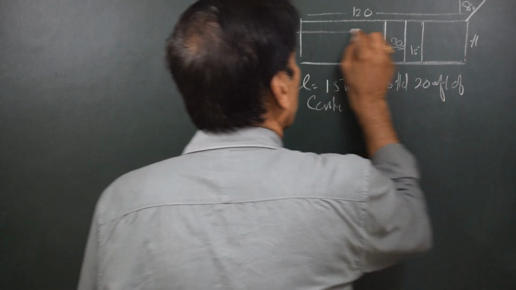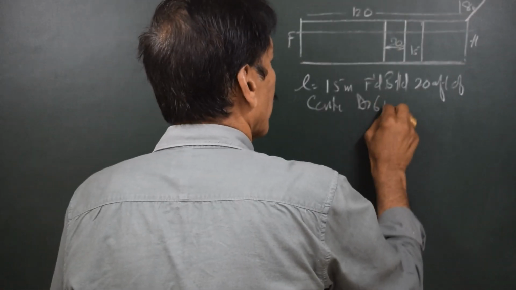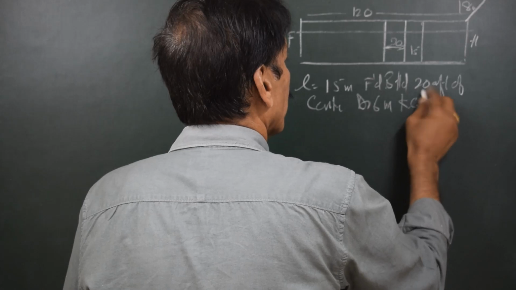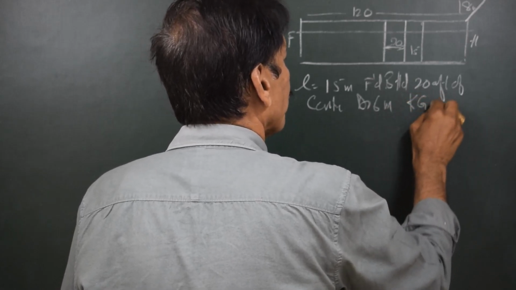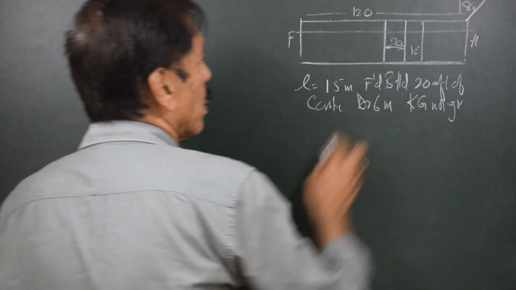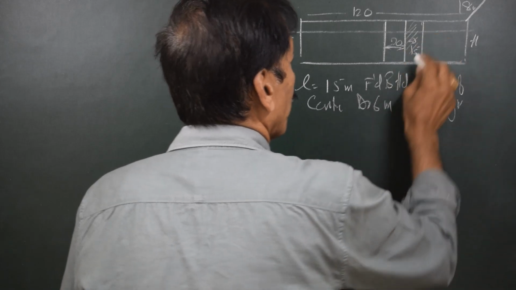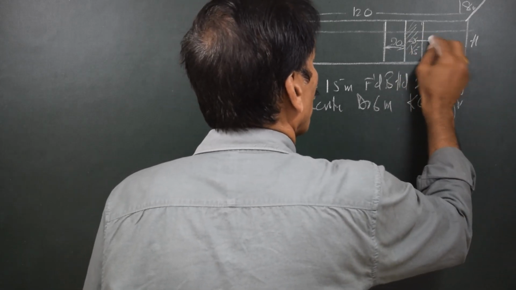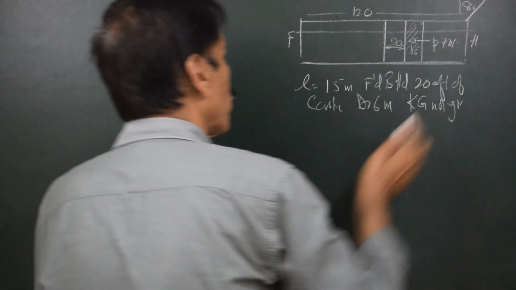The ship initially is floating at 6 meters draft. KG is not given in this question. The damage occurs to this compartment, and this compartment has a homogeneous cargo with a permeability of 70%. Let's do this question.